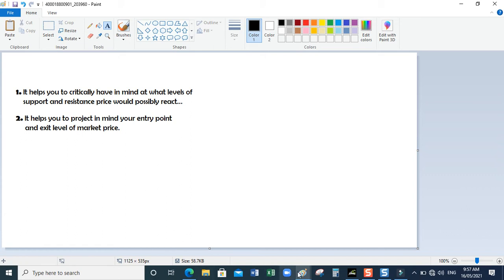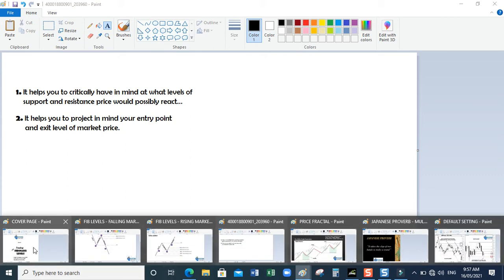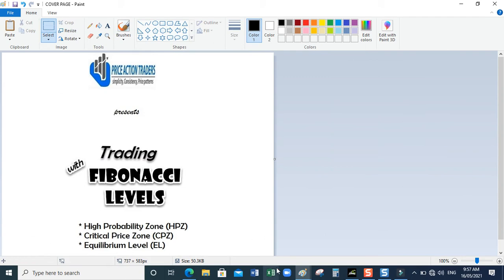Now there are three levels of Fibonacci we are going to base our analysis and projection upon: the high probability zone, the critical price zone, and the equilibrium level.